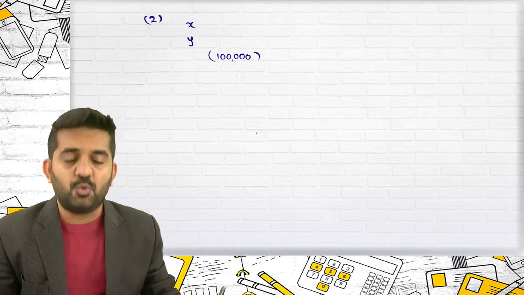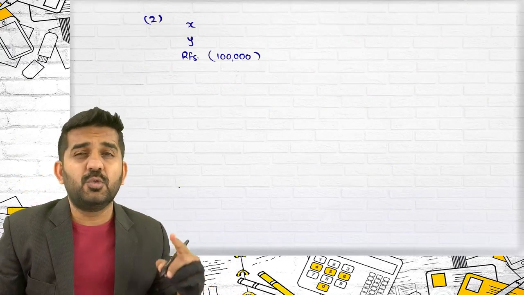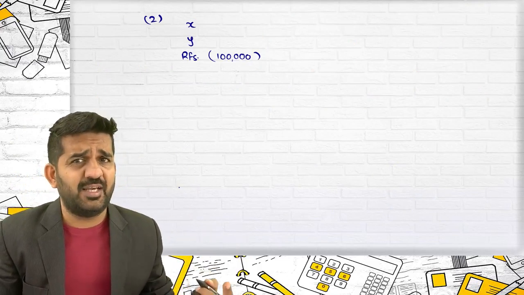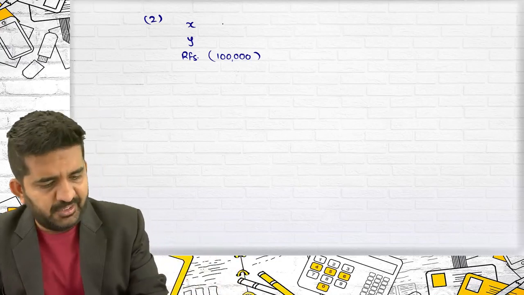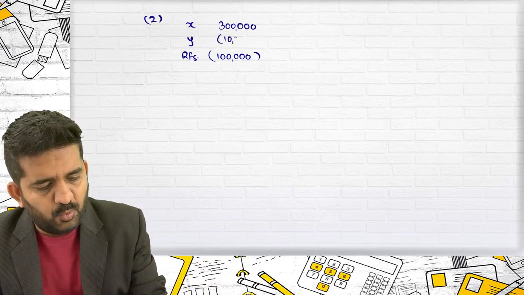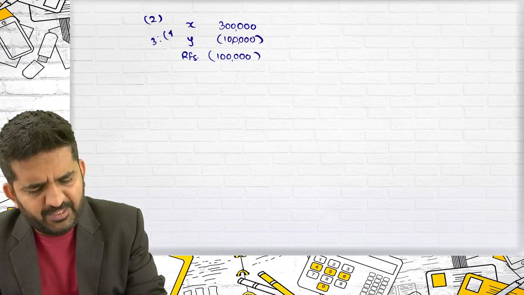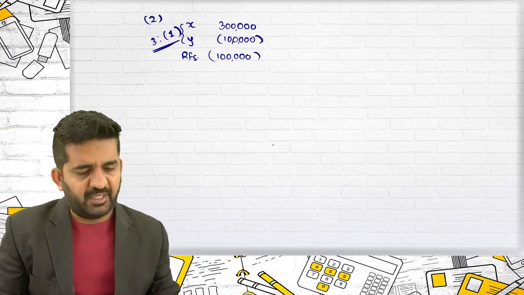So dividing 2 lakhs into the ratio of 3:-1. 2 lakh divided by 2 is 1 lakh. 1 lakh into 3 is 3 lakhs in X. Negative 1 lakh in Y. This is 3:-1 ratio between X and Y. And the same thing I'll be repeating again.